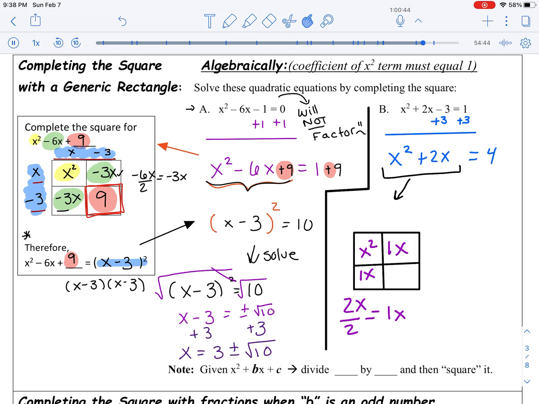As I'm doing that, I ask myself, what are going to be the dimensions of my sides? Well, x times x gives me x squared. X times positive 1 gives me 1x. X times another positive 1 gives me my other 1x. And I can solve for my missing square by saying 1 times 1 equals 1.